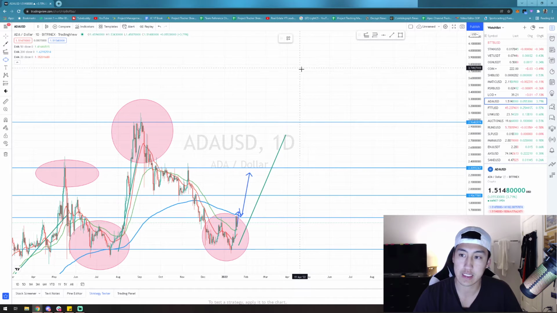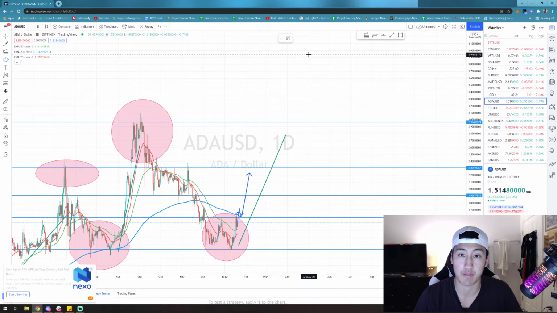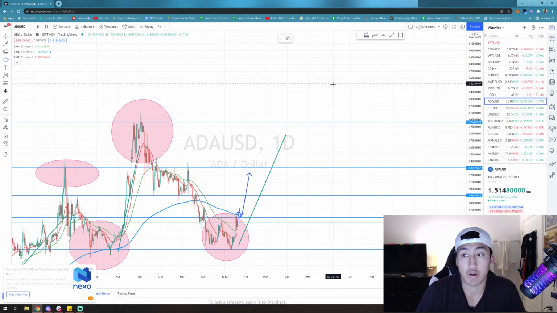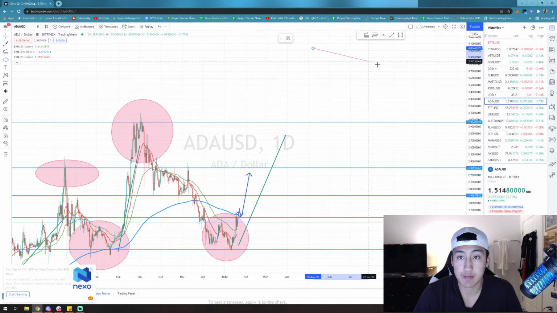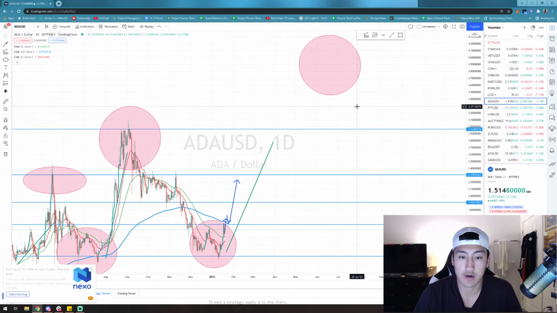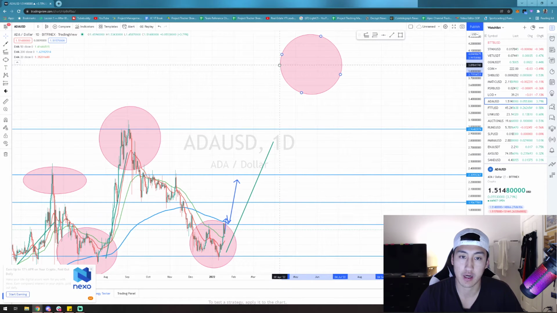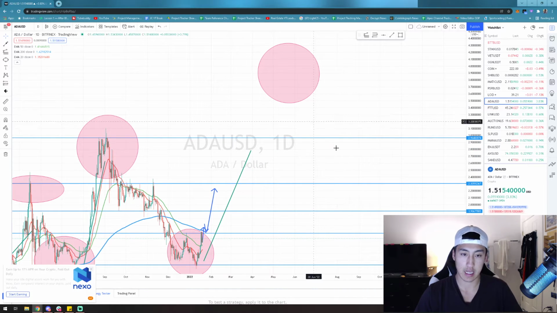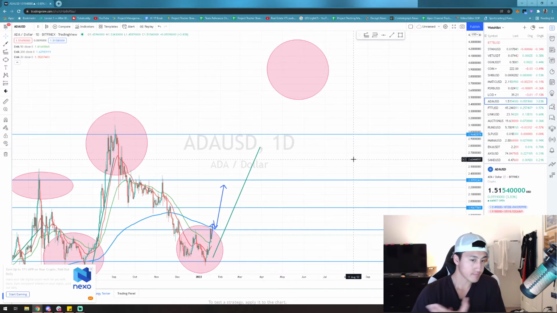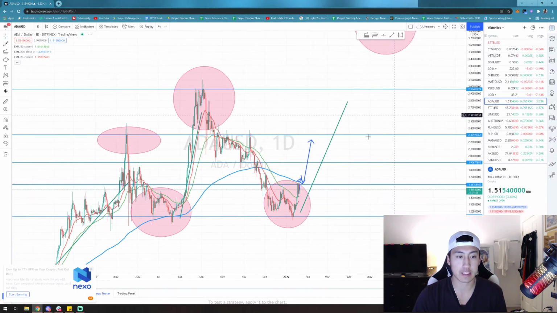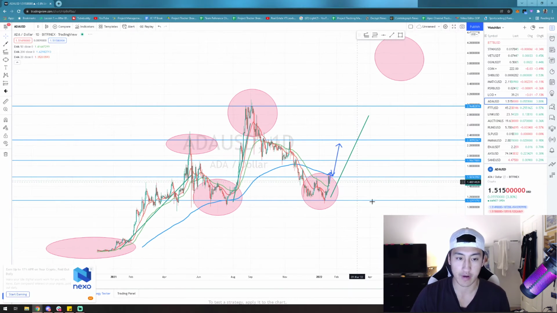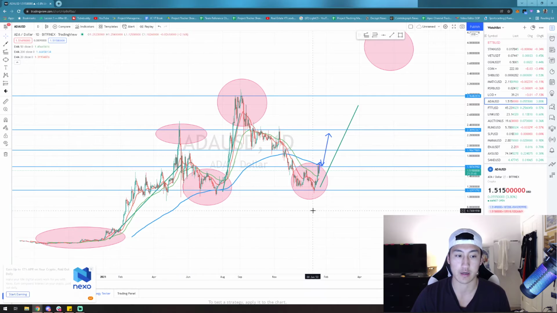It's got to be somewhere along the lines of maybe $4. $4 might be the ideal distribution phase that we might be waiting for before the price drops down.